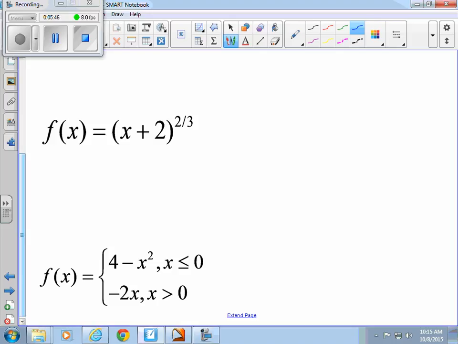What was it? Oh, critical points, increasing and decreasing, and finding the maxes and mins using the first derivative test. Okay, so what am I going to do first for all of those things?